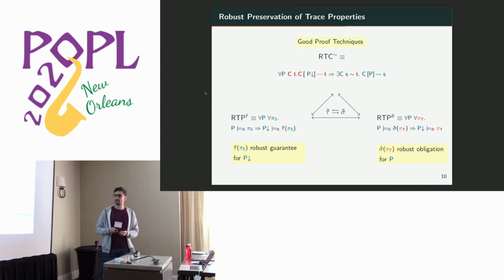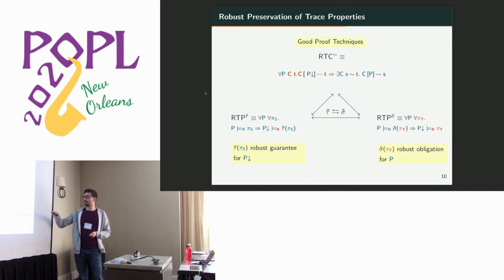So we might call it robust guarantee. And on the other side, your sigma tilde of pi t will give you the property you should show holds in an arbitrary source context, and this will give you that after compilation, your partial program will satisfy a target property in an arbitrary target context.